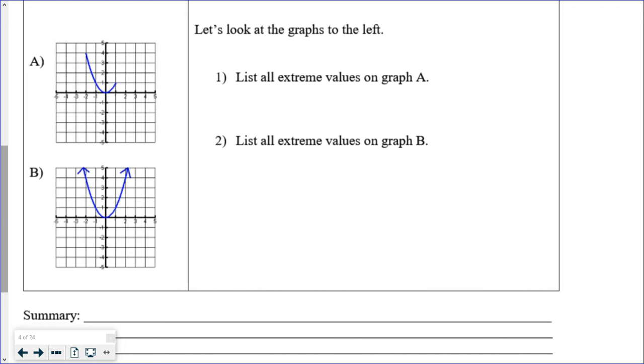If it helps, they are built from the same function. Graph A just has a restricted domain.